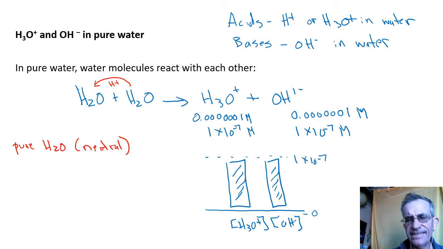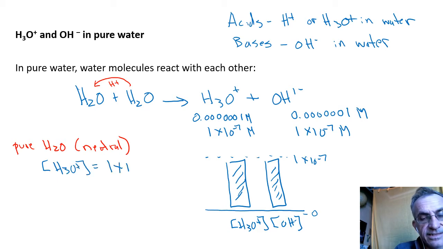All right, so let me tell you a couple other things about pure water, and then we'll be able to compare to what happens in an acid and a base. So in pure water, you have a concentration of hydronium that is equal to 1 times 10 to the minus 7 molar, and you have a concentration of hydroxide that is 1 times 10 to the minus 7 molar.